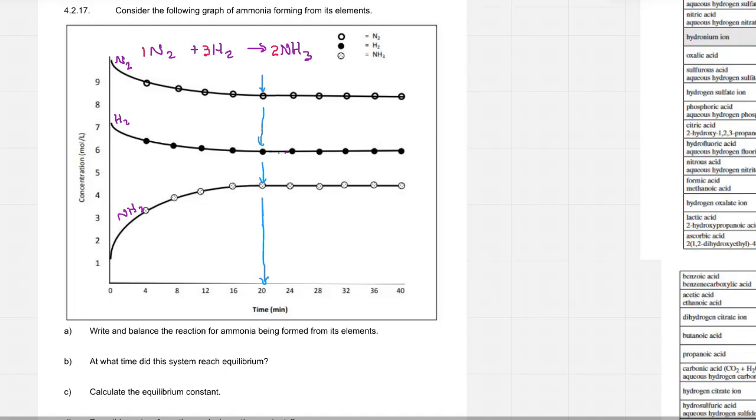Calculate the equilibrium constant. You remember how to do that? If you want to find your reaction ratio, it's the products over the reactants, and our only product is ammonia. And this coefficient of 2 means power of 2. For reactants, we have nitrogen.